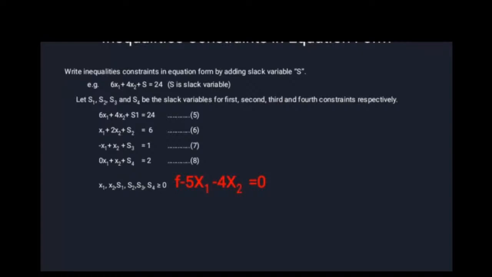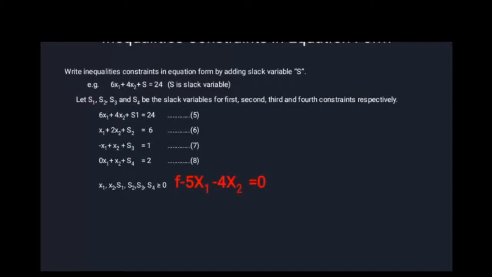So x1, x2, s1, s2, s3, s4, these are the 6 variables we used in our constraints, and x1, x2, s1, s2, s3, s4 are greater than or equal to 0.